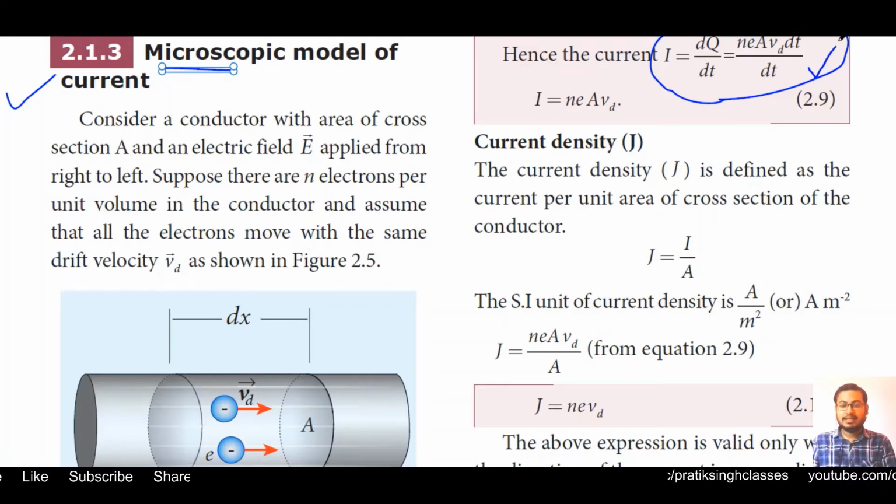In these types of equations, if you don't know the meaning of n, e, A, vd, why this is being disintegrated, and what all the other values are, you can't understand the topic very well. All these topics will not be new. It will be from a sequence: if this is equation 2.9, then it must be related to 2.8, 2.7, 2.6 and also to unit 1 and your previous classes.